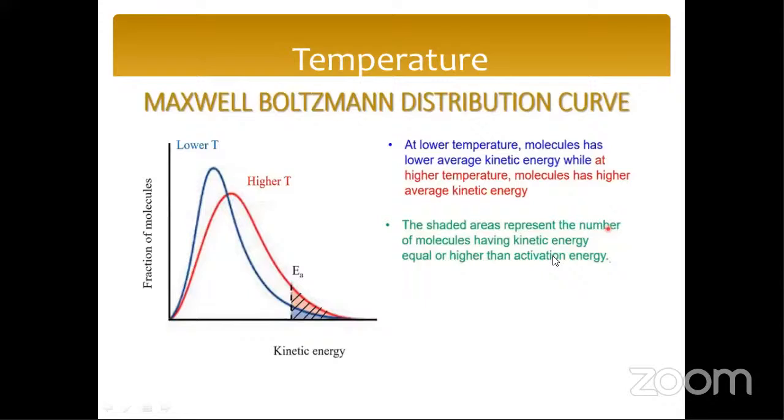Miss, I was saying that for the curve with the higher temperature, is it that the part that is shaded red has more particles than the part that is shaded blue, right? Yes, because for the red, it is all of the original particles plus the additional particles that would now have the energy. So it's everything, but they're just comparing to show you that this was the number of particles that had the minimum energy, and now you have this additional number of particles.